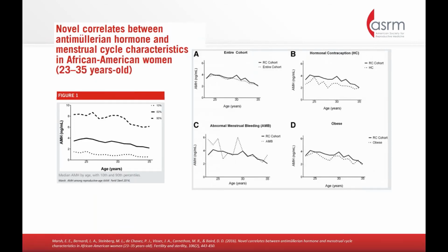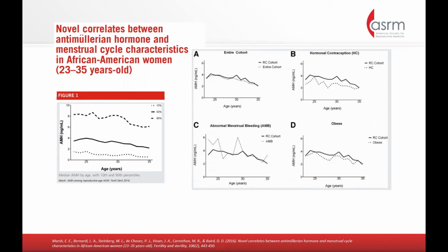So refocusing exclusively on AMH and specifically in the African American women, the NIEHS SELF cohort, the Study of Environment, Lifestyle, and Fibroids, which consists of about 1,654 reproductive age African American women, was assessed for anti-Müllerian hormone.